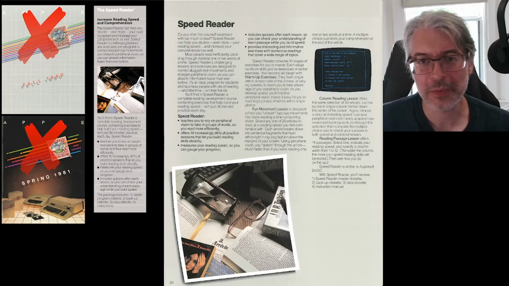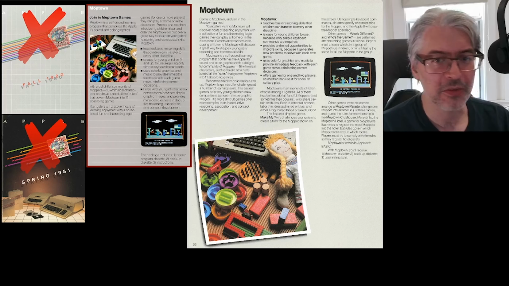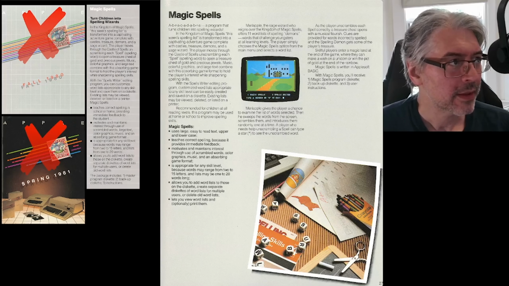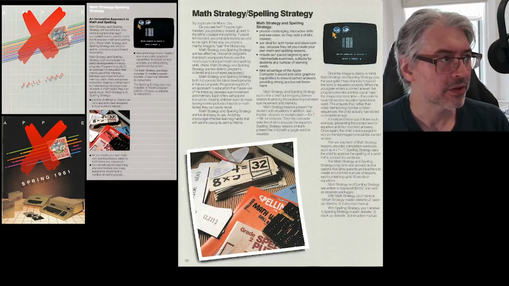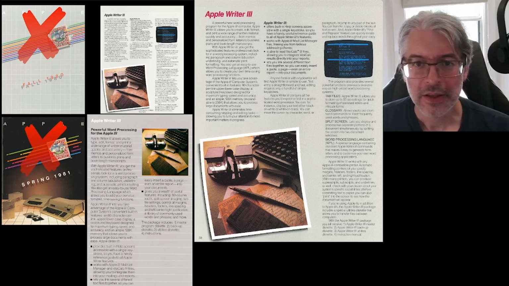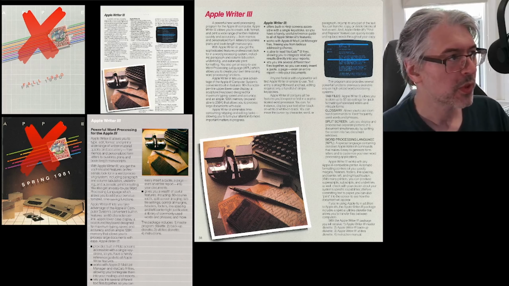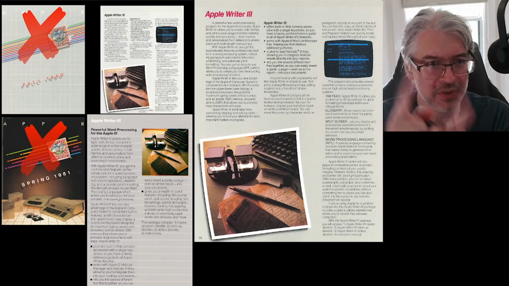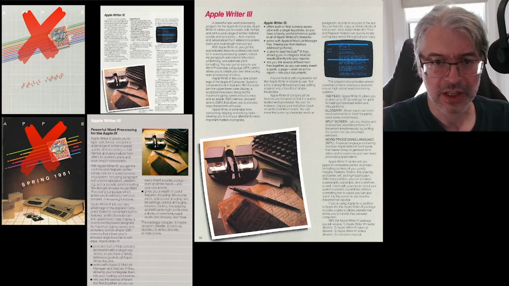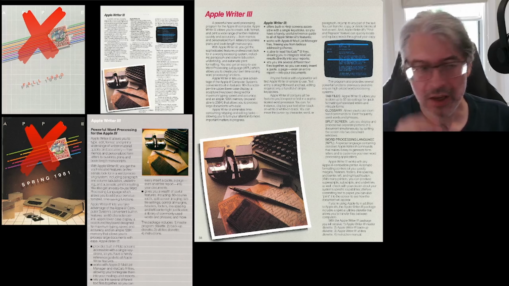Speedreader, Moptown. The Learning Company published this later. Magic Spells also was published by the Learning Company later. Data Tree, Parallax. Here are the Apple III things. On this one, in the upper center and to the right are the ones that are in that third catalog, the Spring 1982 catalog, I guess it is.